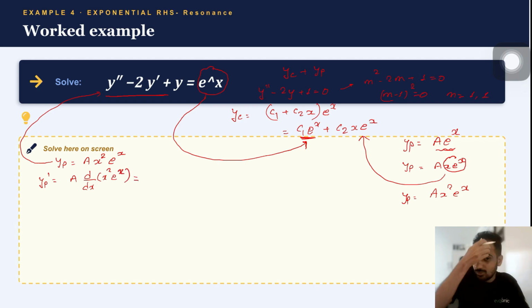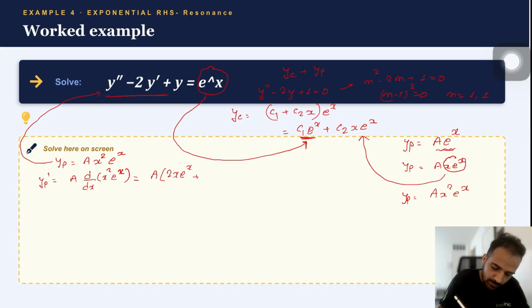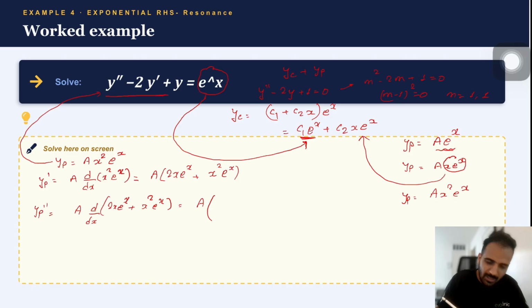If you are familiar with calculus and the product rule, you can directly get it. That will be a times (2x e^x plus x squared e^x). Again, if we take the derivative of this, you will have a outside, d over dx of (2x e^x plus x squared e^x).